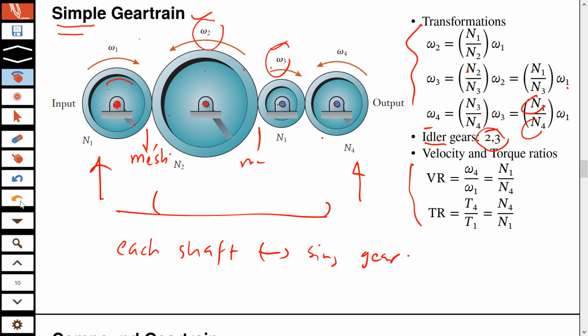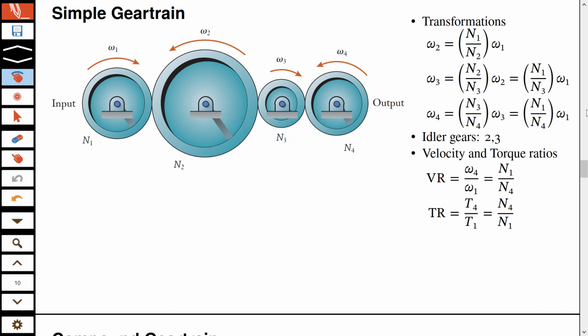If you want, you can turn that result into ratios for velocity and torque. So velocity ratio is this one, torque ratio is this one, and you see even for the gear train or a sequence of gears, these two are reciprocals. And N1 over N4 and N4 over N1, which means that the efficiency we assume has to be 1.